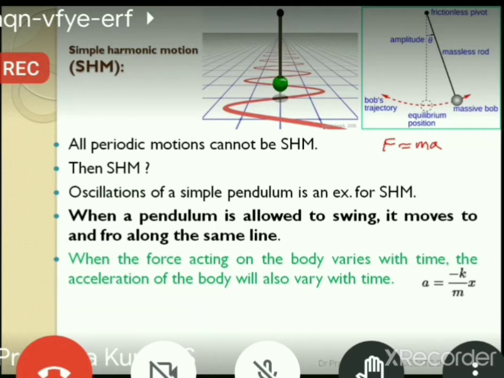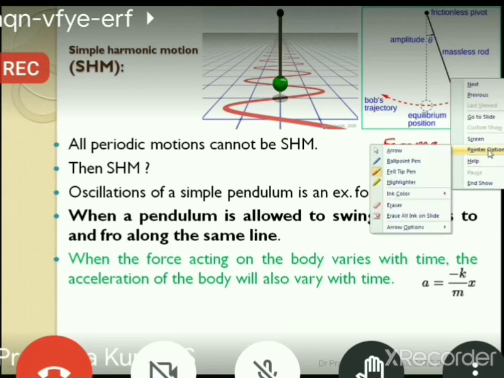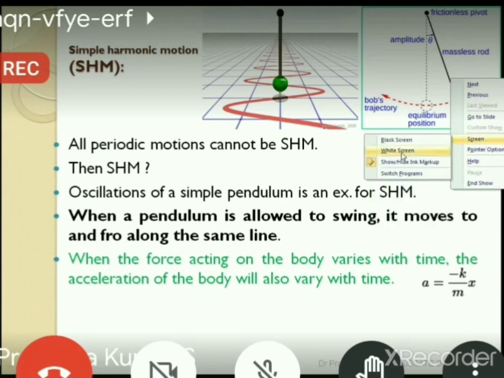I'll use one more slide. Here I mark this as plus x, and this is minus x.